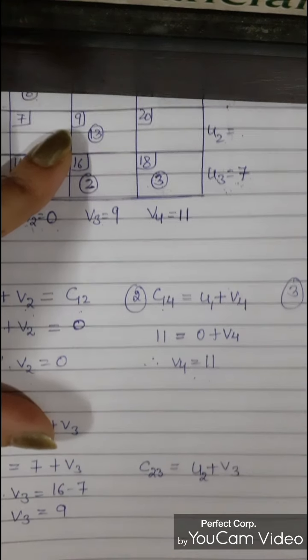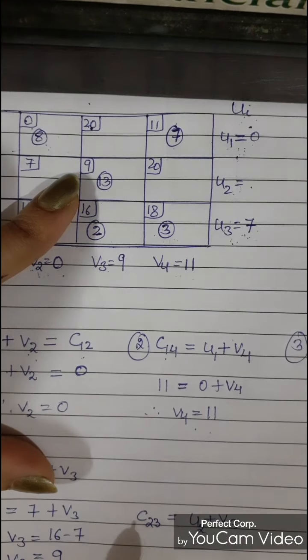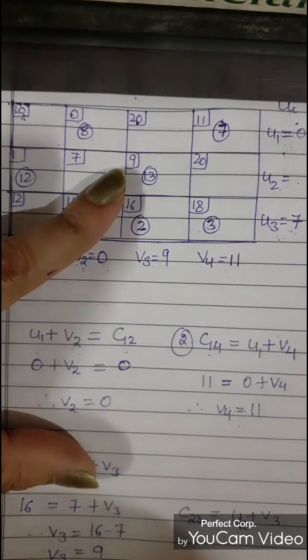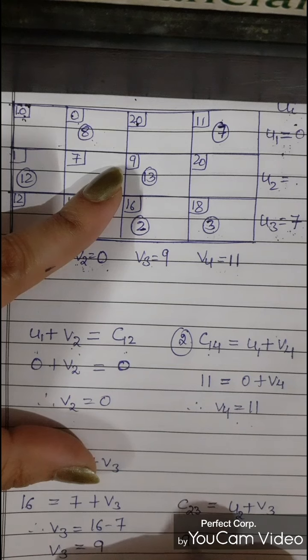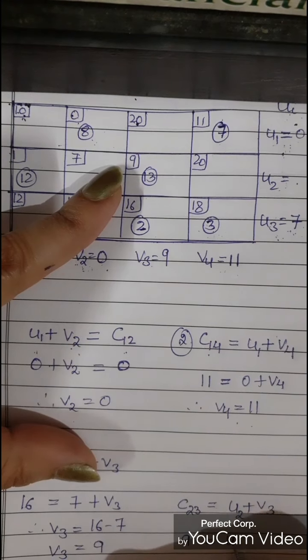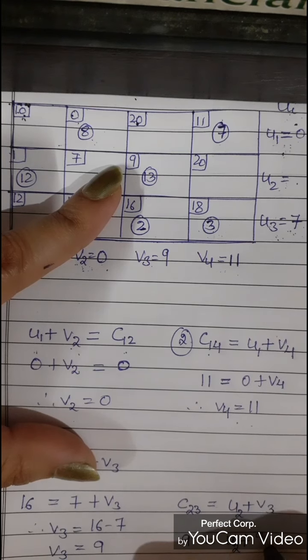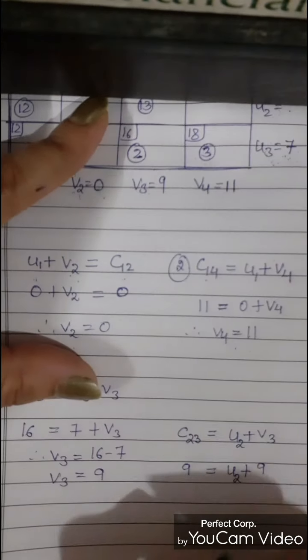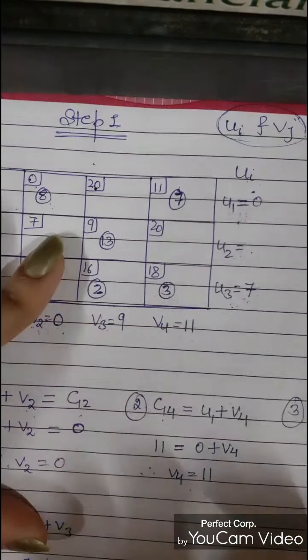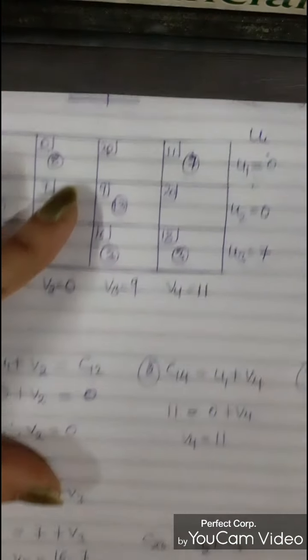Right. Now come to the question. This is the cell C23, the cost is 9. 9 equals u2, which I have to calculate, plus v3, which I have already calculated as 9. So I got the value u2 equals 0.